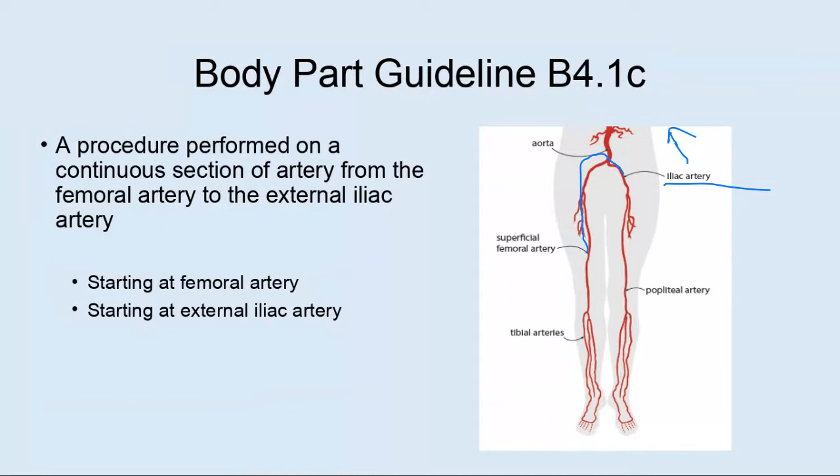If the physician goes in the iliac artery down to the femoral artery, you still report it to the iliac artery because in both cases, it's the iliac artery that's closest to the heart. Now, in the previous guidelines, the guidelines in effect now, that will be different because of where you started. So it's not where you started, it's which part is closest to the heart. So that's a big change.